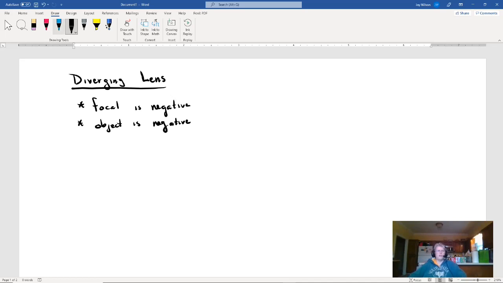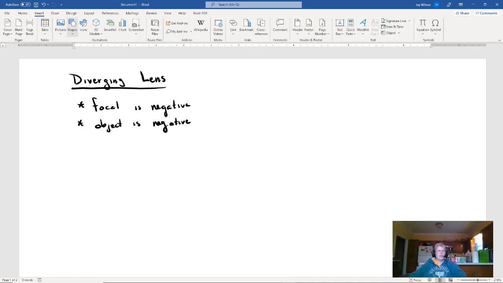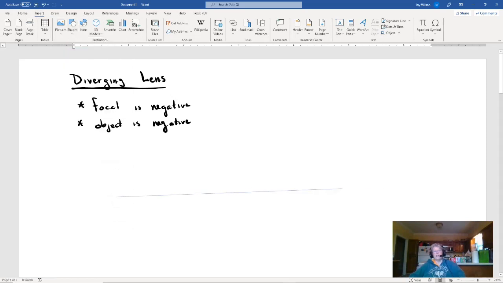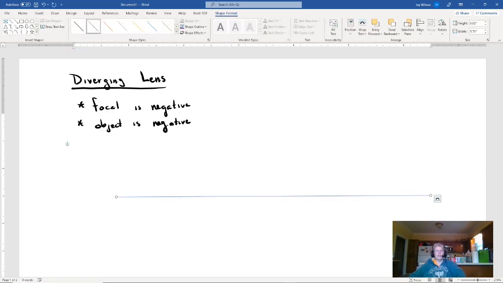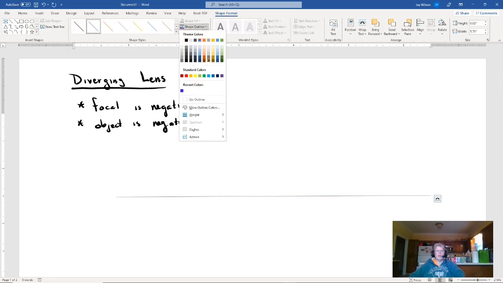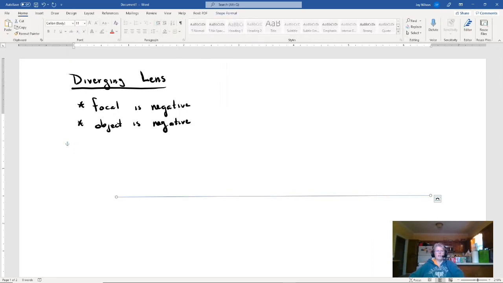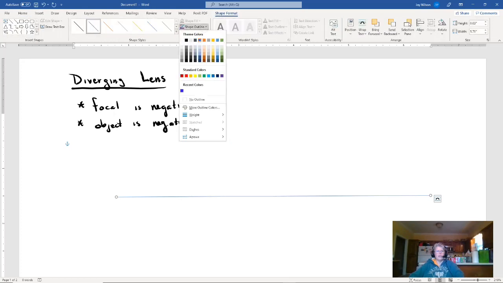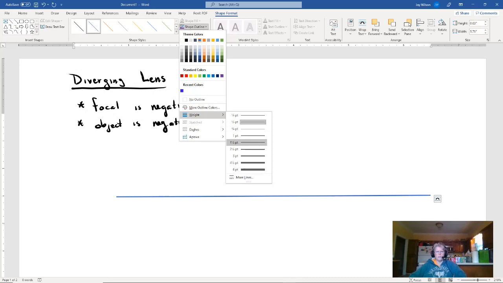So here's our, let's draw us a nice straight line. Nice straight line. Let's make it black. Let's make it some white.